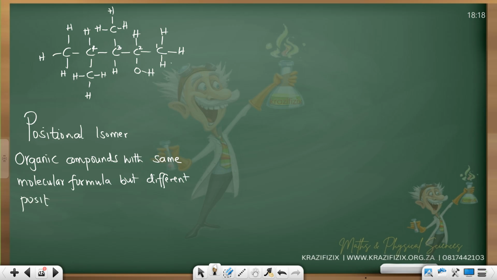Position of side chain or functional group. The position of the side chain or the functional group is what gives it a positional what? Isomer. All right, guys, please, you have all those definitions.